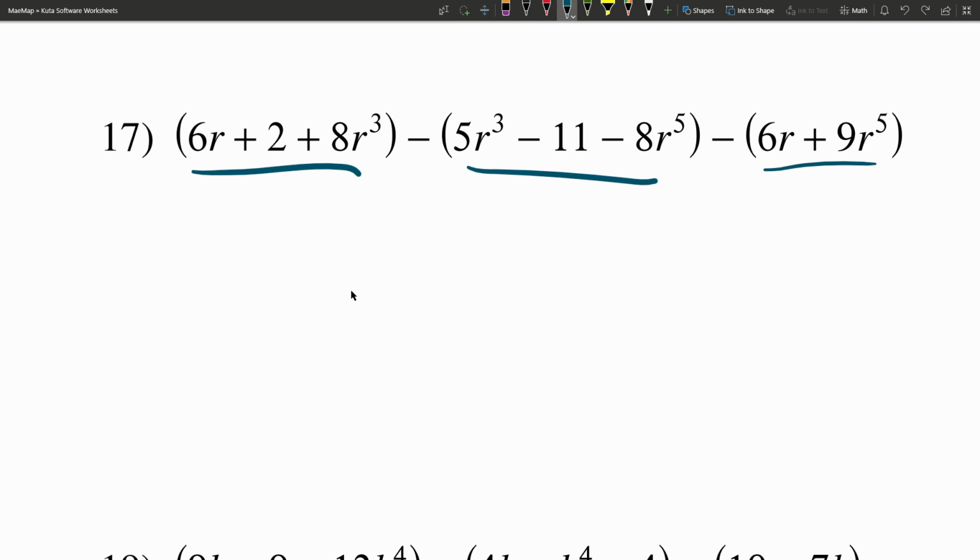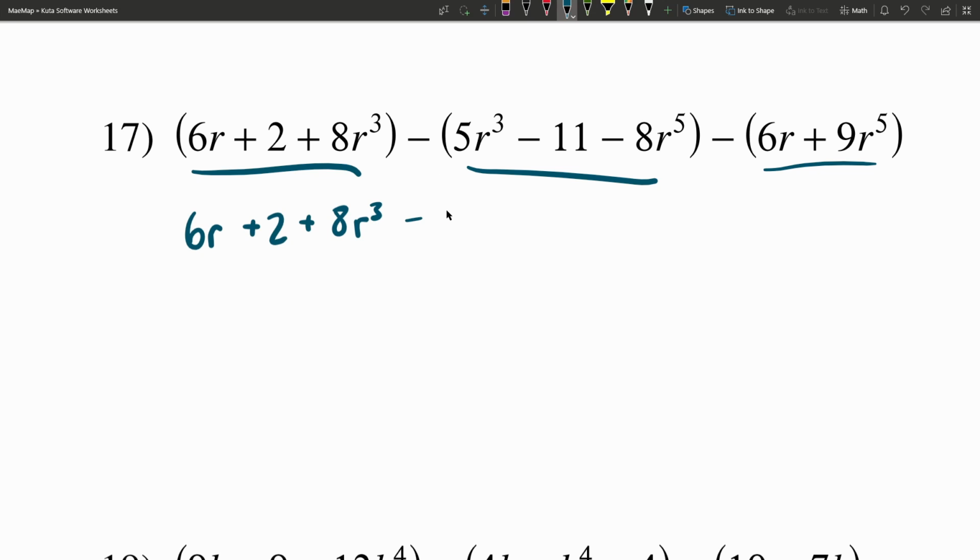So let's go ahead and rewrite this, distributing in the fact that we're subtracting, so distributing in that negative 1. If you want to think of this as adding negative 1 times that quantity, the same as subtracting the quantity, distributing that in, we're going to have to do that for both the second and third polynomials. So let's go ahead and rewrite. We have 6r plus 2 plus 8r cubed.